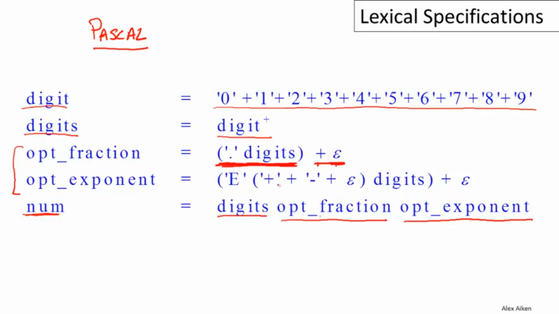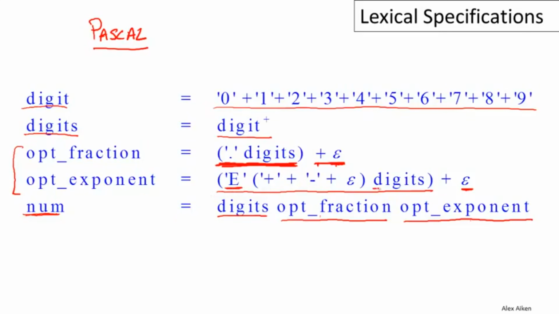And the optional exponent is structured similarly, but is somewhat more complex. You can see that the whole exponent is optional because there's some regular expression here that's unioned with epsilon. And so either something is there, and this is the exponent part, or it's not present at all. Now let's look inside how the exponent is defined if it's there. An exponent always begins with e. So this is standard exponent notation.